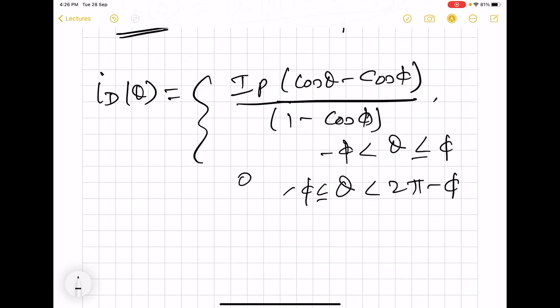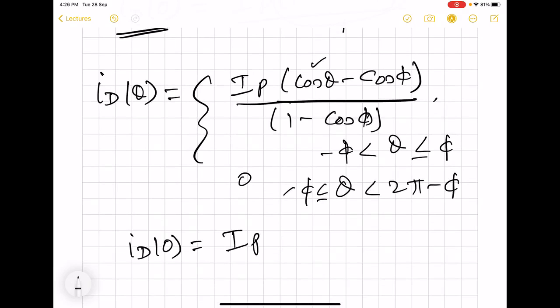So now let us see whether this expression is okay. Here, if we write ID at 0, then you can see that this cos theta will become 1, and we will have 1 minus cos phi in the numerator, and 1 minus cos phi in the denominator.